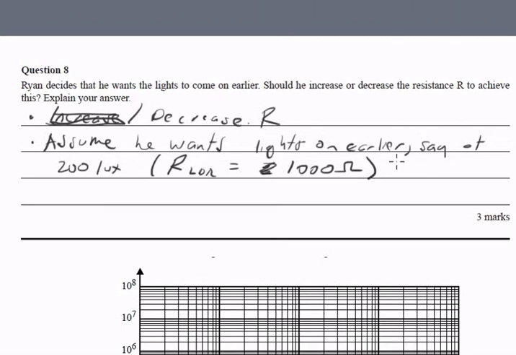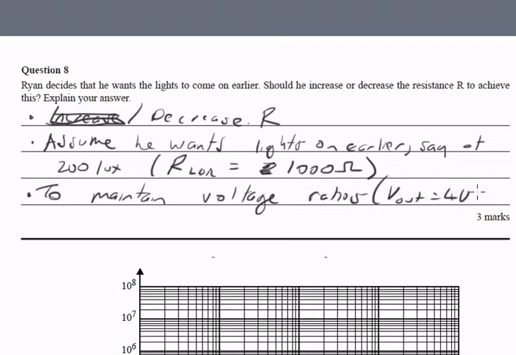Assuming he wants the lights on earlier, say at 200 lux, which is R equals 1,000 ohms, to maintain voltage ratios, V out equals 4 volts, and the voltage at R is equal to 8 volts.